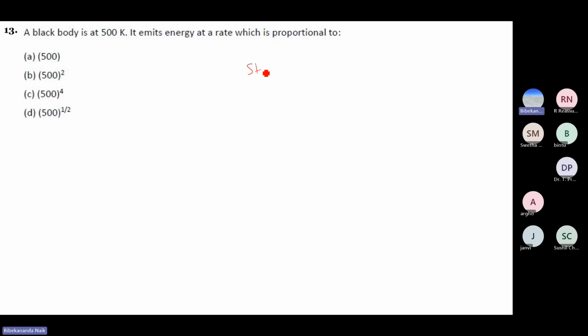So this is Stefan's law. According to Stefan's law, the rate of emission of energy, that is energy radiated per unit area per unit time, is directly proportional to the temperature power 4.